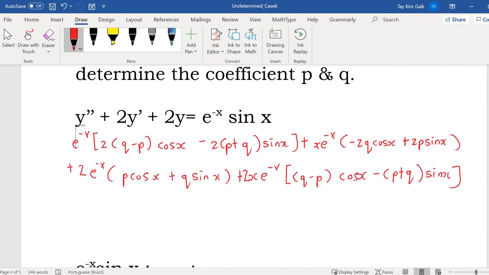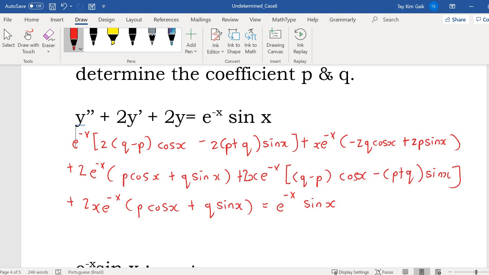Okay, add up with 2 times of y, where the y is actually x exponent negative x p cos x plus q sin x, equal to the right hand side, exponent negative x sin x.